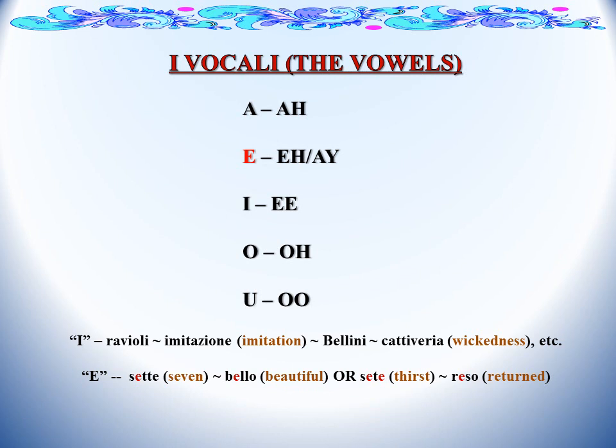A, E, I, O, U. For example, the 9th letter of the alphabet, the one we call I, is called E in Italian, and E is the sound it produces every time you see it in a word.